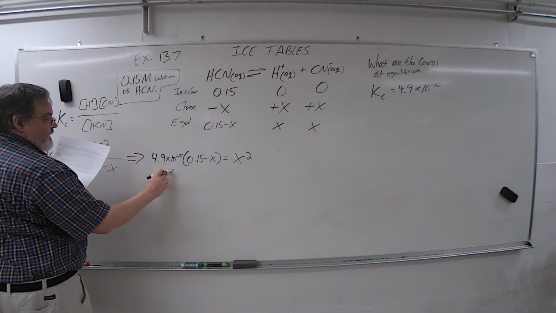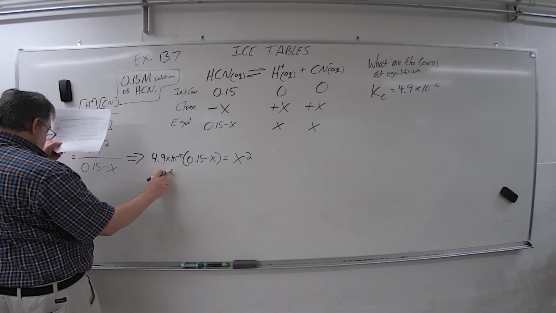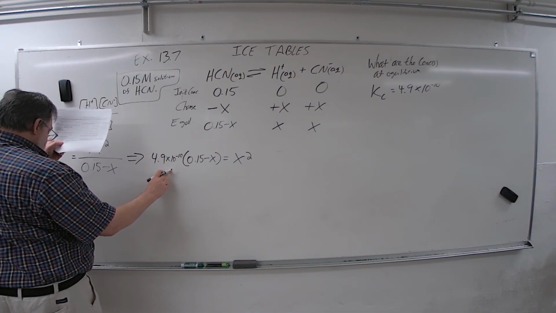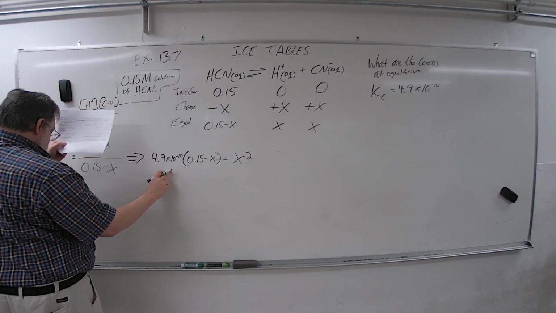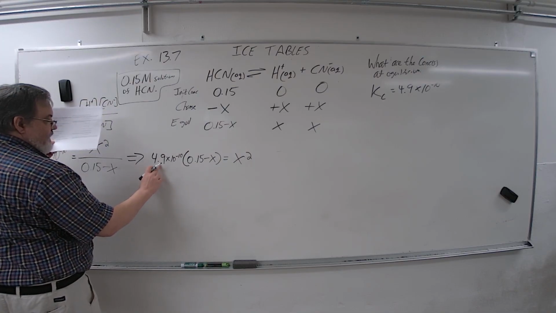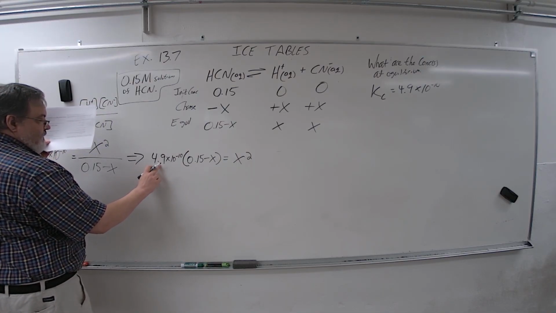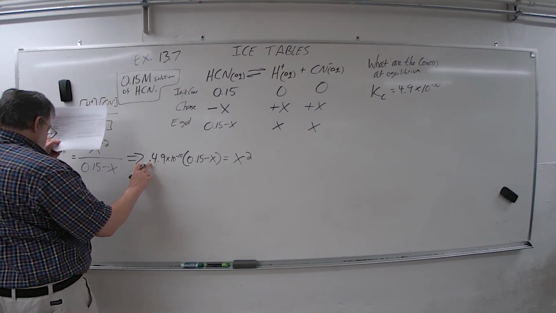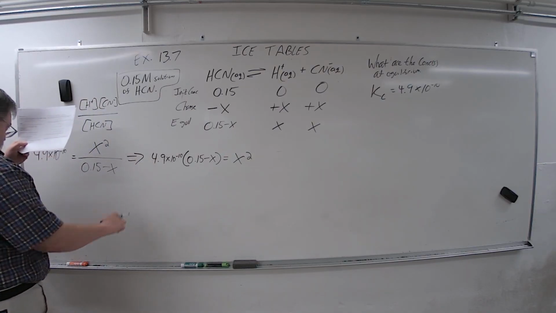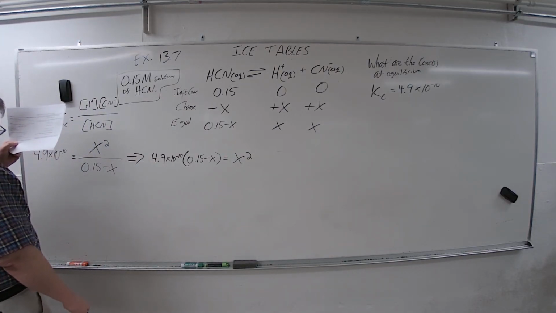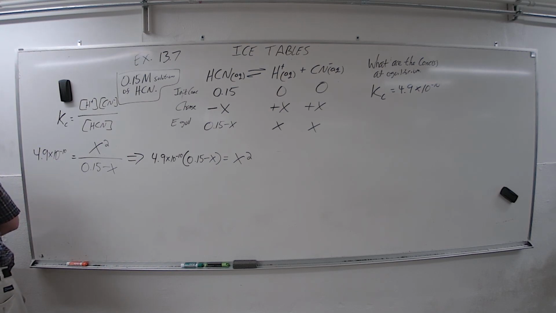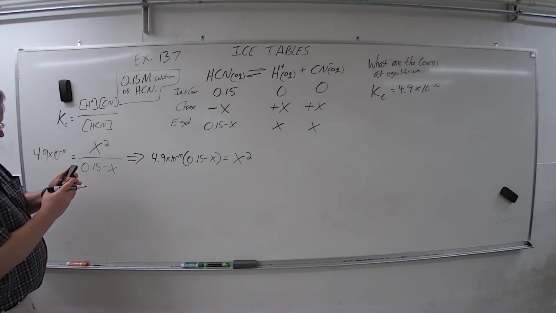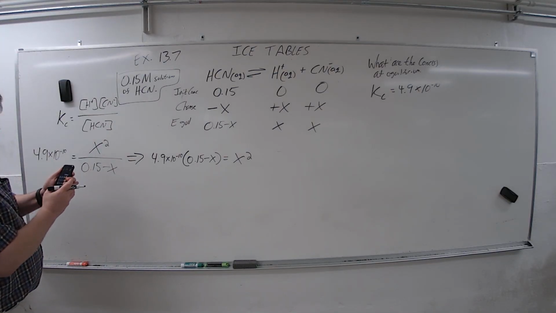So the 4.9 times 10 to the negative 10 times 0.15.